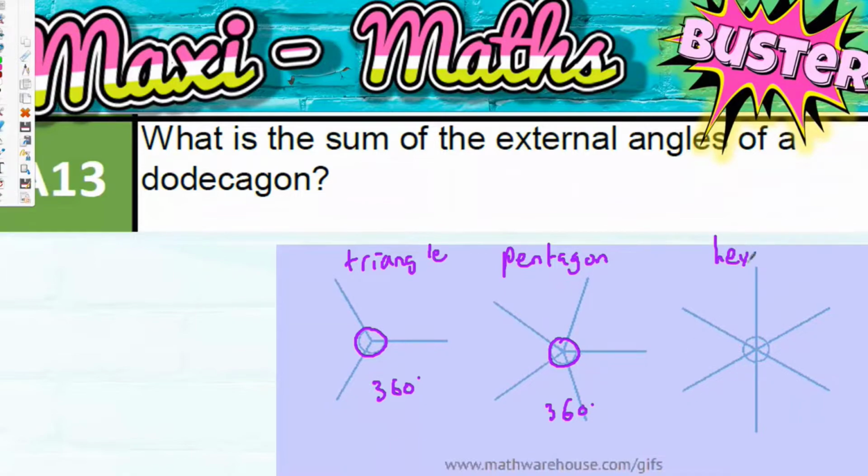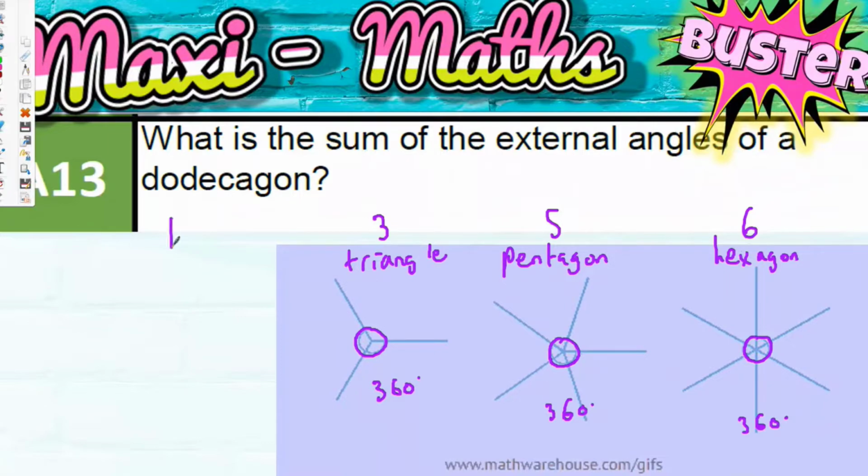The hexagon, there's actually 6 external angles that have all fit together to make a circle, but again, it fits 360 degrees. So whether it's a 3-sided shape or a 5-sided shape or a 6-sided shape, the external angles always seem to fit together when you shrink the shape to make 360 degrees.